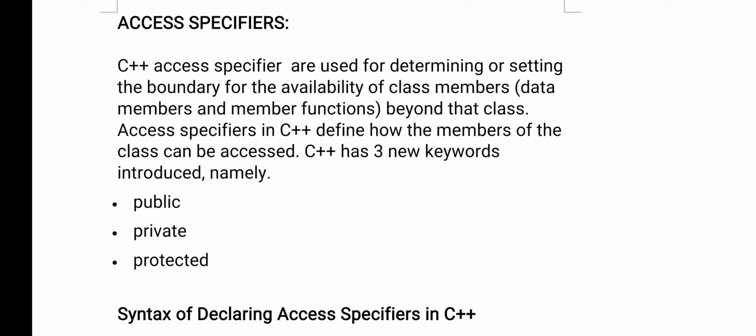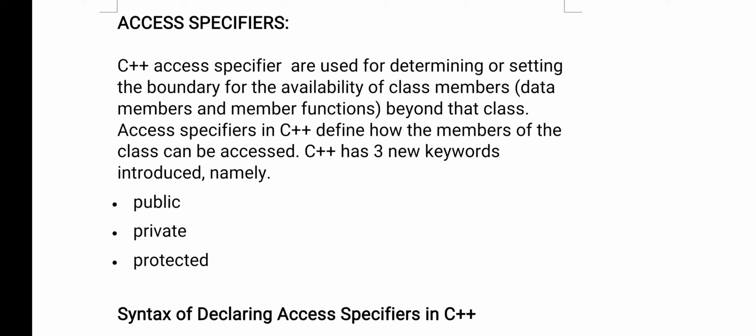Access specifier specifies which data members and which functions should be available to other classes and which are not available to other classes, and what data members can be used by the same class.